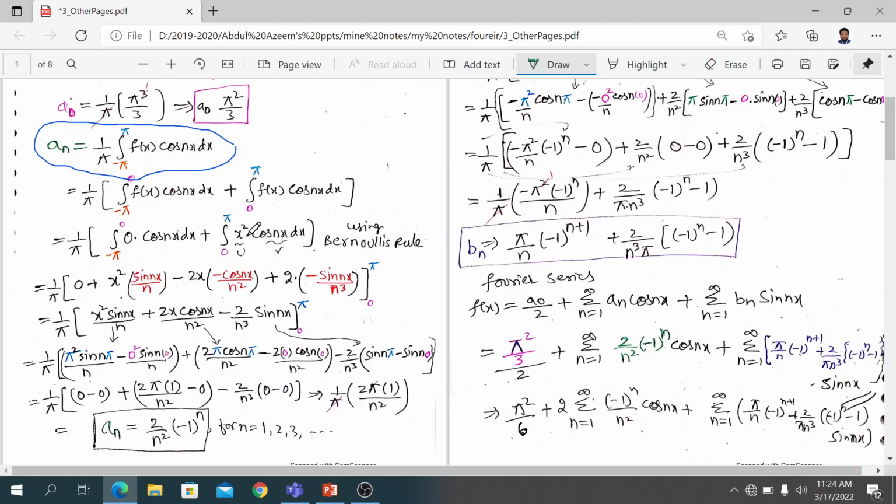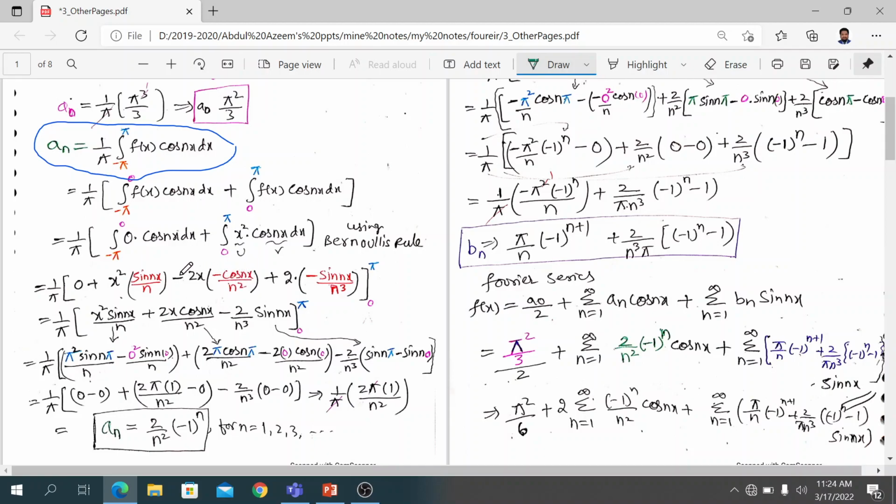Now here it is a multiplication, so using Bernoulli's rule, this is u, this is v. First I will show you u: x square, minus derivative of u, 2x, next plus 2x derivative 2. So x square, minus first derivative, plus second derivative. Now v: first integration of cos nx is sin nx by n, again integration is minus cos nx by n square.